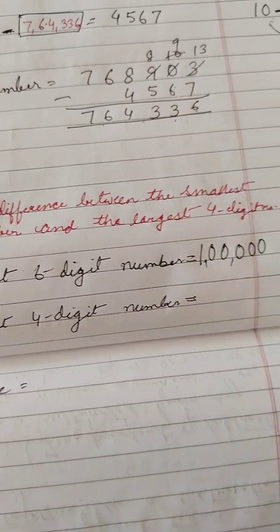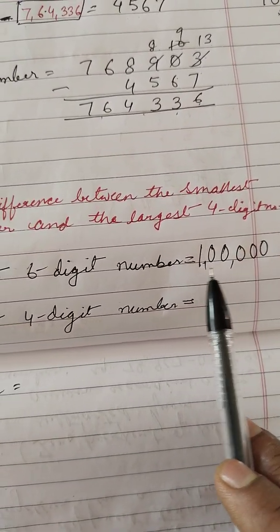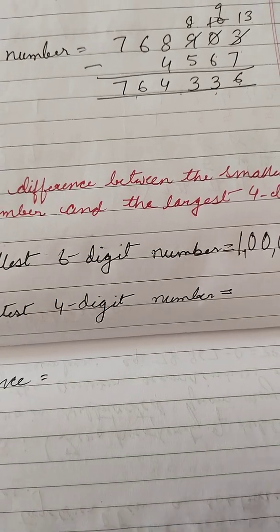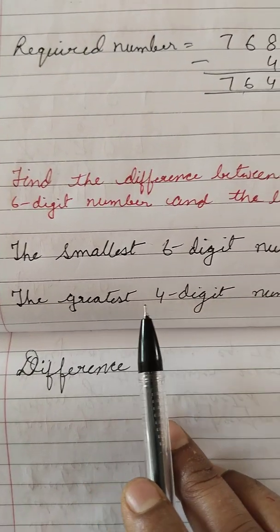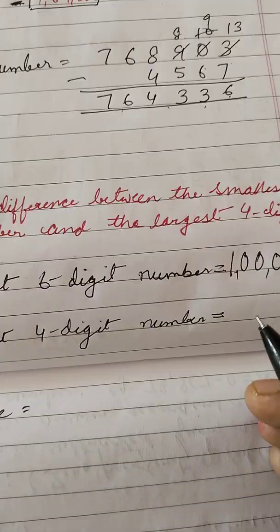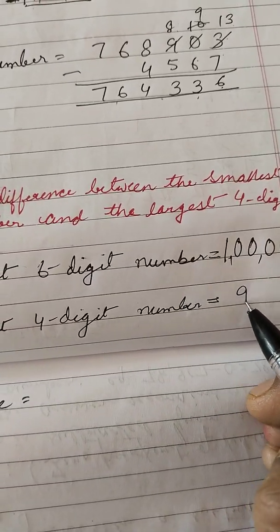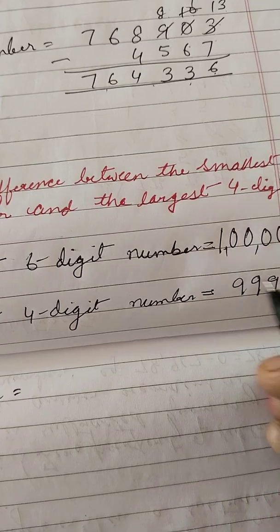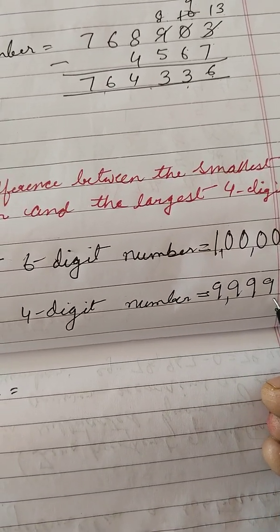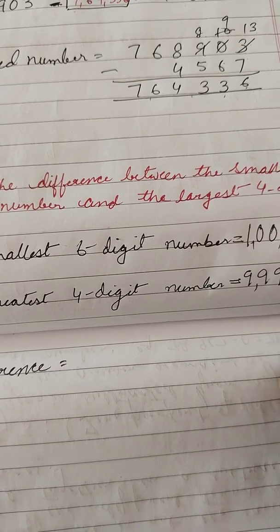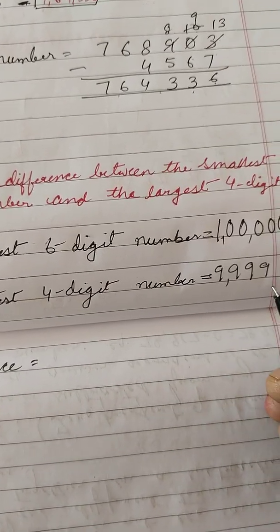Very good. So this is the smallest 6-digit number, 1 lakh. Now we are moving to the largest 4-digit number. So children, the largest 4-digit number, you write here 9s, okay. So write here 4 times 9, 9,999. This is the greatest 4-digit number.